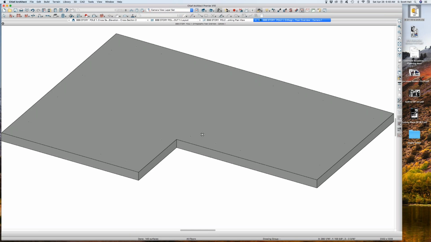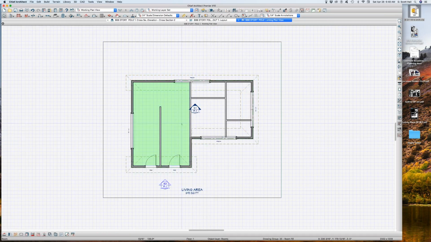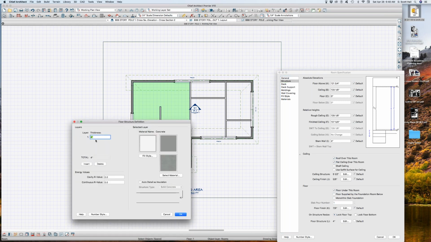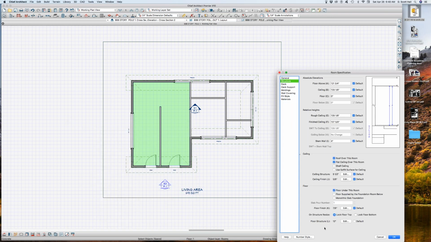HG. Wrong. So what am I doing wrong? Why isn't this working? This has got to be a structure. Edit. About 12 for framing. Okay.